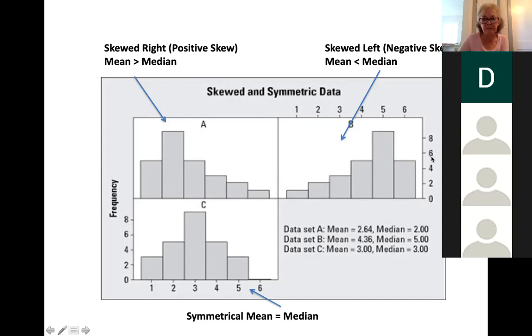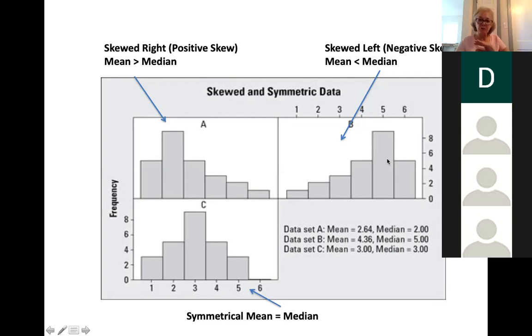Conversely, if it's lopsided like this, it is skewed. But now your bins are on the left-hand side. This is skewed to the left. And the median would be about here, and the mean would be over here, because the mean is dragged down by all of these small values.